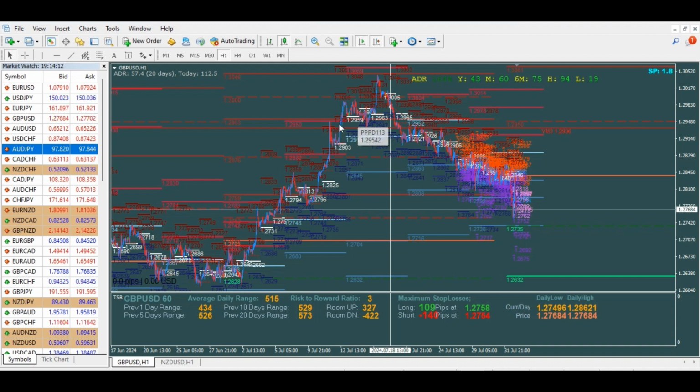Okay. Because price moved up here, it didn't quite break below this midpoint, this daily middle pivot, right? And then price was under this daily pivot, but it didn't hit the daily R1, and it didn't hit the weekly R1.